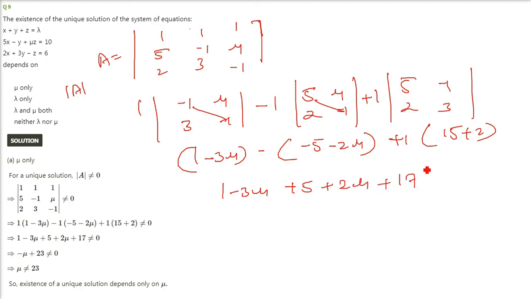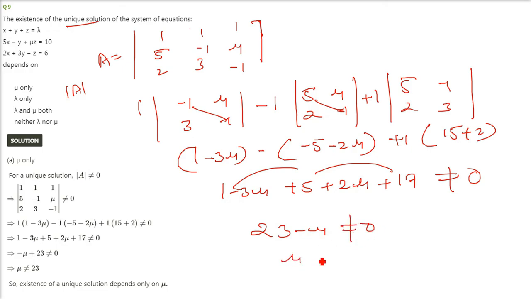So 17 plus 5 plus 1 is going to be equal to 23. And 2 mu minus 3 mu is negative mu. So 23 minus mu is not equal to 0. Mu should not be equal to 23. So the solution is only depending on mu. That is what you have to say, that it is dependent on mu. That is the answer.